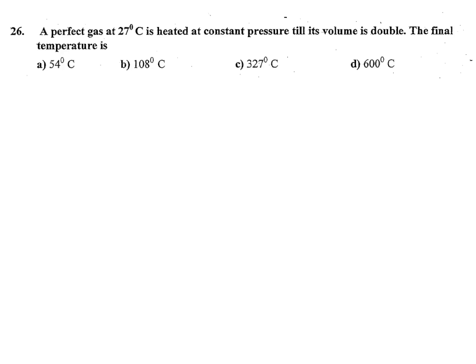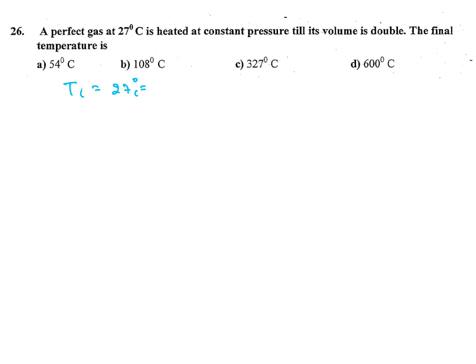A perfect gas at 27 degrees Celsius is heated at constant pressure till its volume is doubled. The final temperature is how much? We have to calculate the final temperature. It's a perfect gas, so we will use the combined gas equation. Data given: T1, the initial temperature, equal to 27 degrees Celsius.